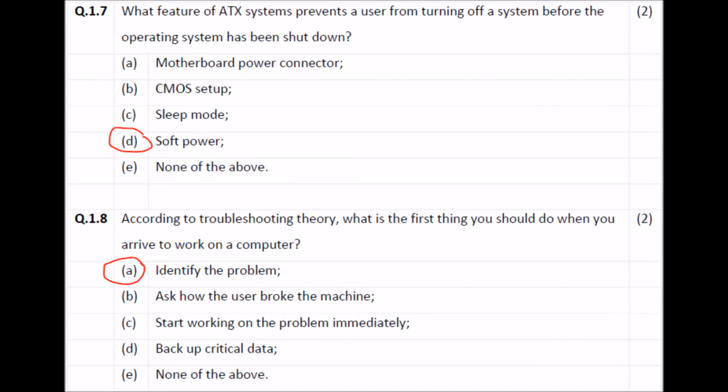All right, so that's an ATX configuration there. More often than not, associated with ATX power supply units. So your answer for 1.7 would be D.